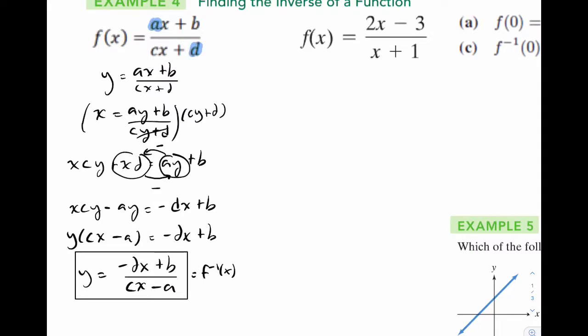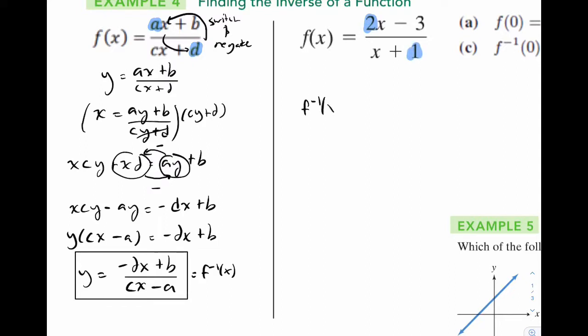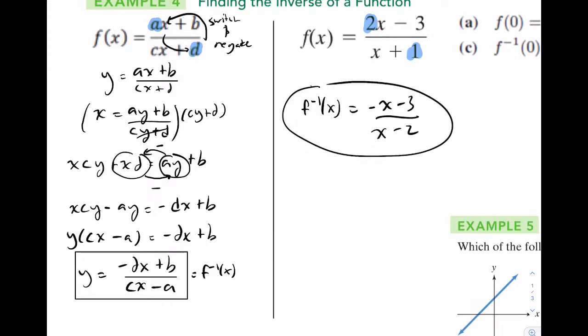So these two, they switch and they negate, which means if we truly understand this idea, look at the example next to it. I can actually use this to figure this out pretty fast. I'm going to highlight my a and d, and I'm just going to switch and negate it. That's positive 1, so it's going to be negative x minus 3 over x. That's positive 2. You switch it, minus 2. Pretty cool way to find the inverse.